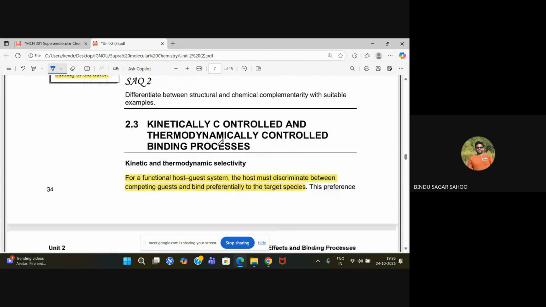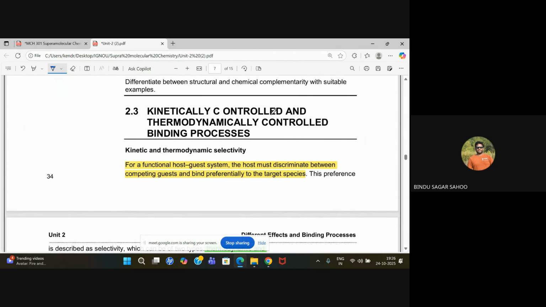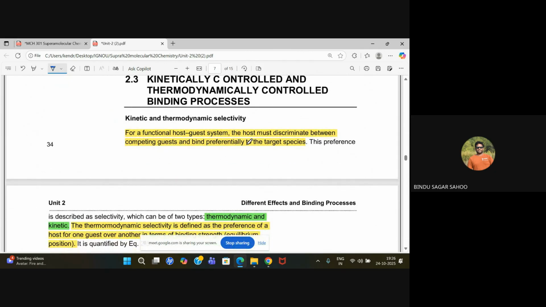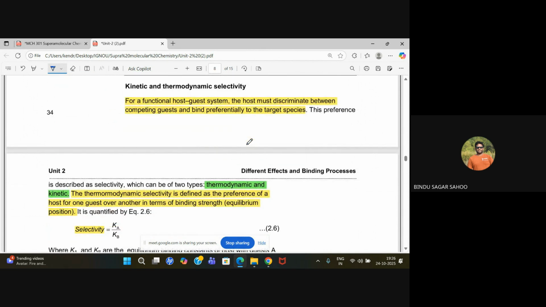The next important parameter is kinetically controlled and thermodynamically controlled binding processes. For a functional host-guest system, it must discriminate between competing guests and bind preferentially to the target species. For targeting the species, there are two types: thermodynamic and kinetic.